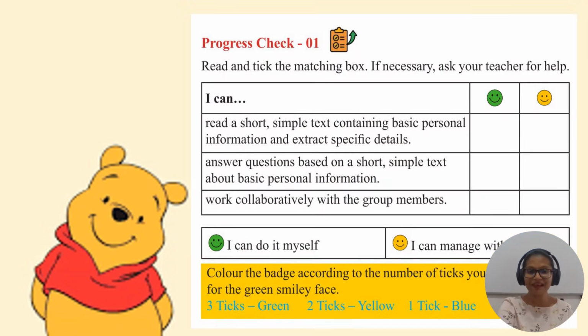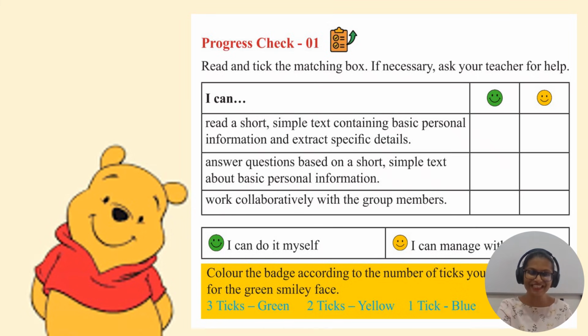Yes, now we are going to our next task, that is we have already completed our activities. Progress check. In the previous lesson also we did that. That is why I think you are familiar with this.